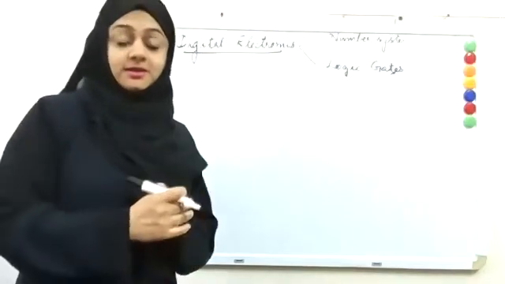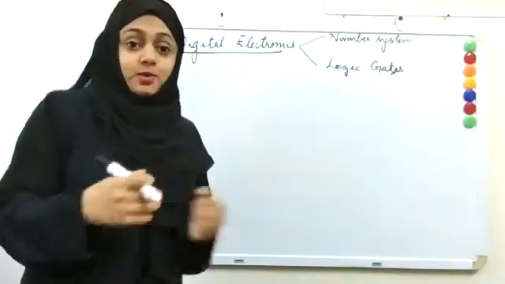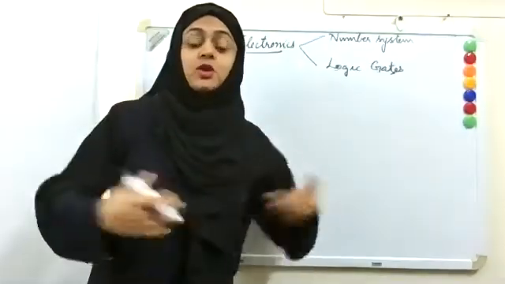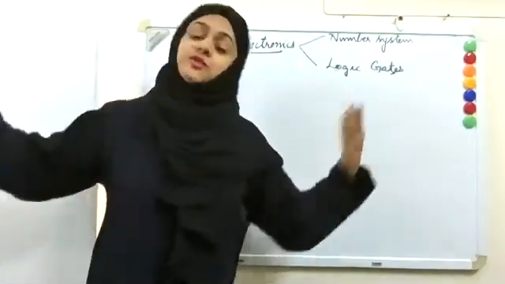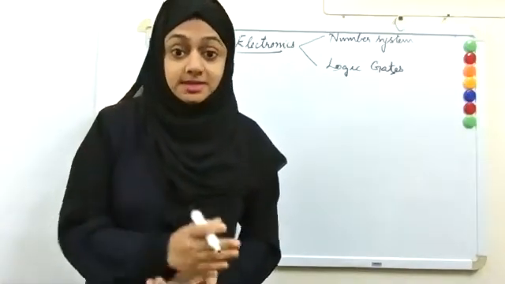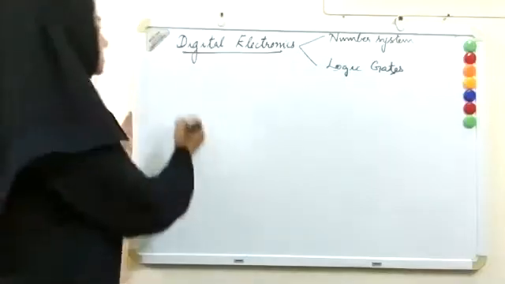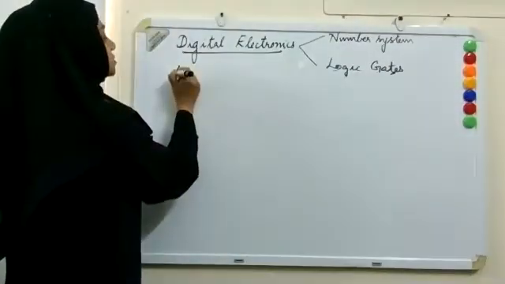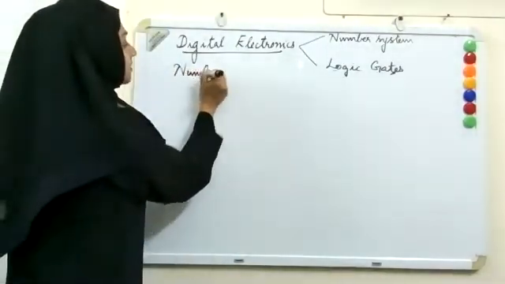Binary. Hexadecimal. Which is the number system we commonly use? 1, 2, 3, 4, 5, 6, 7, 8, 9, 10. Decimal. It's the decimal number system. So let us see what are the 4 number systems which we will be studying.